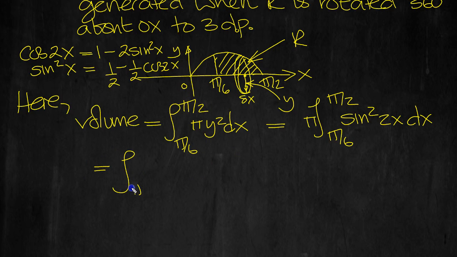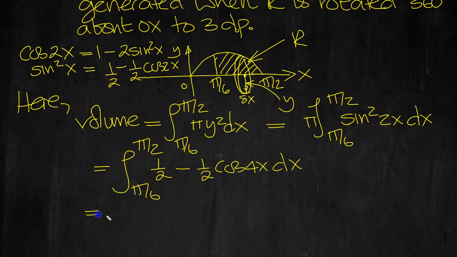Pi over 6, pi over 2, use this formula, it's going to be a half, and it's sine squared 2x, so this will be double, the 2x will be 4x, won't it? Half cosine 4x dx. So that equals then, integrate 1 over 2 to get x over 2, integrate this, cos integrates to sine.